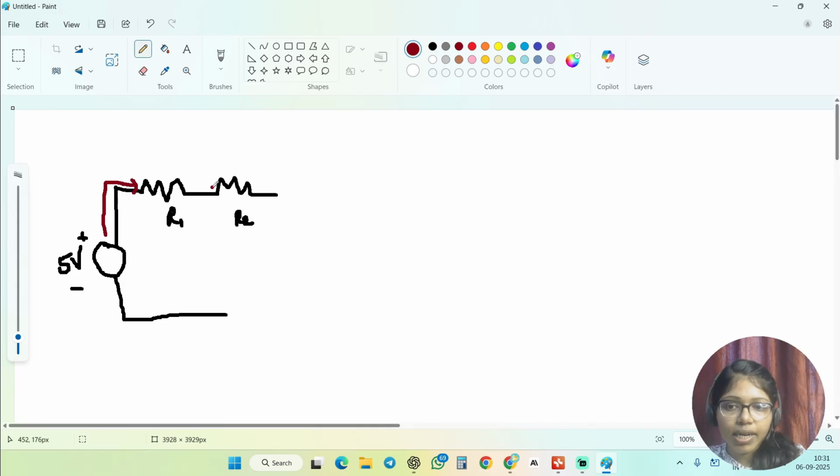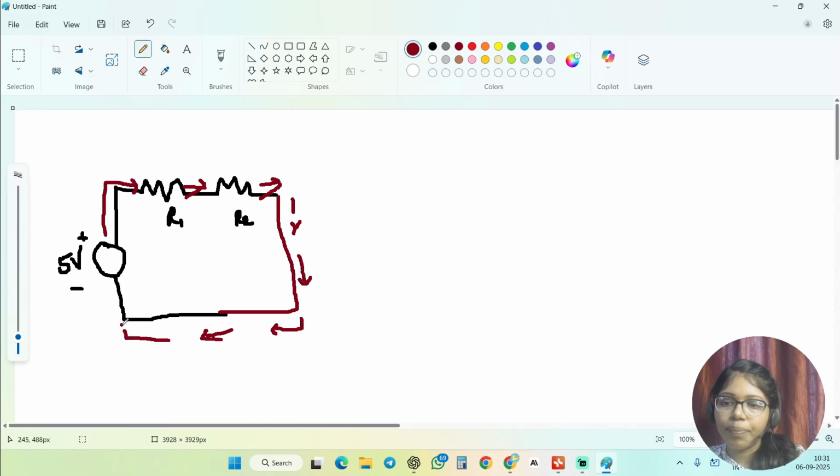Whenever it starts to move, you can see the same amount of current moves throughout this circuit. Because why? Because there is only a single direction. It doesn't have any multiple paths to choose. When the current starts to move, it only has this single direction.